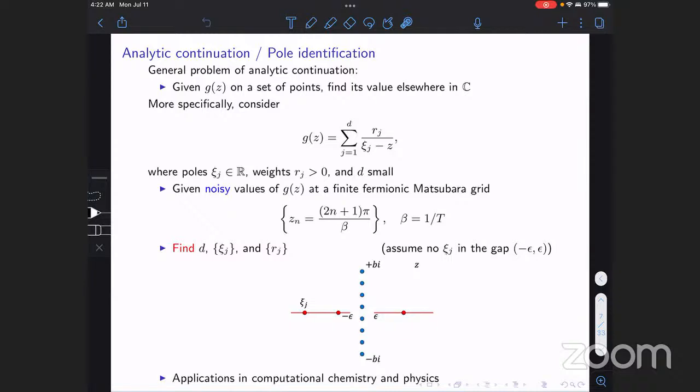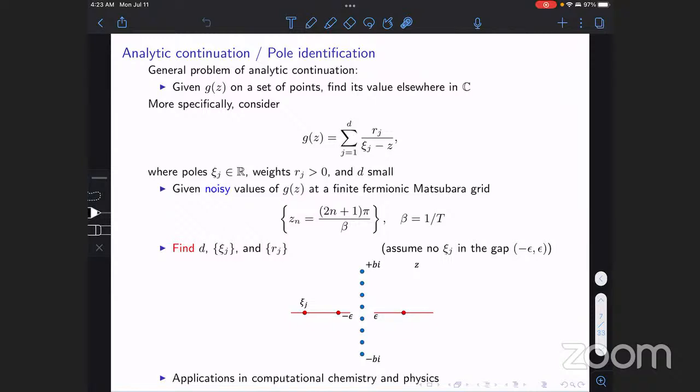Now, what is the computational problem? The computational problem is the following: given noisy values of this g(z) at a finite set of points, which here we take to be the fermionic Matsubara grid. These are points on the imaginary axis, denoted by the blue dots in this figure.